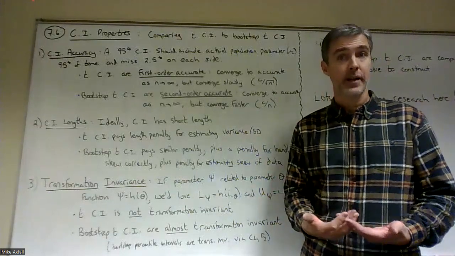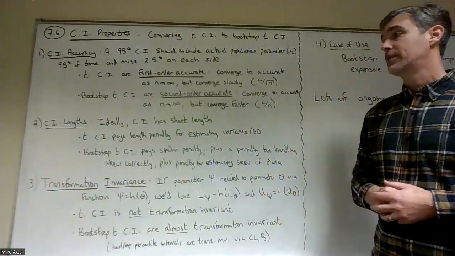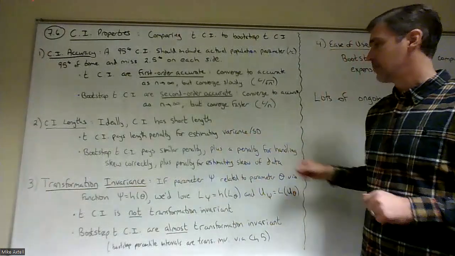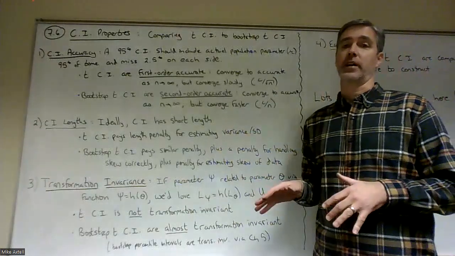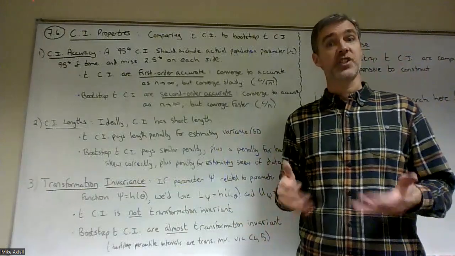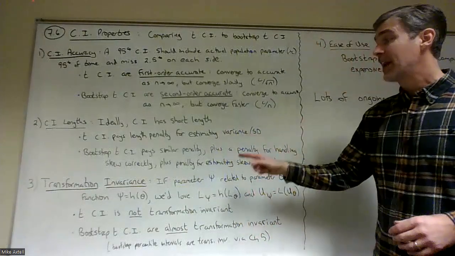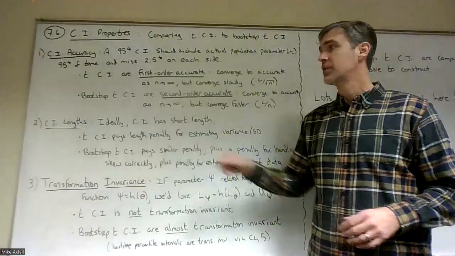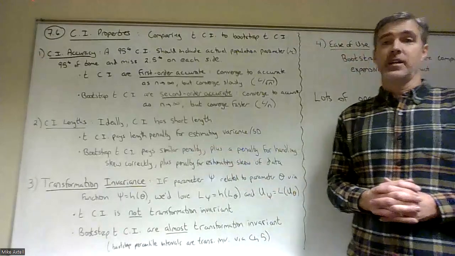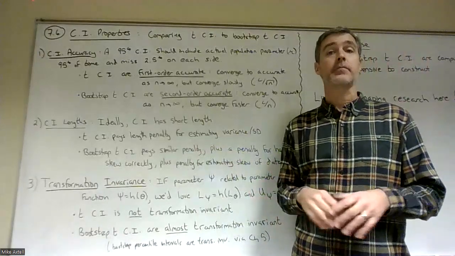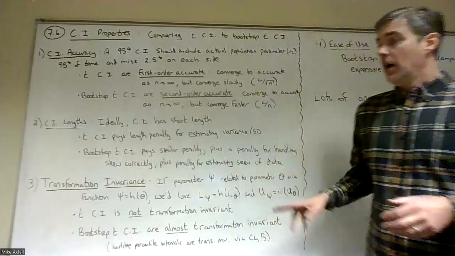And so we estimated it. Well, the bootstrap t confidence interval pays that same penalty, plus it pays a penalty for handling the skewness correctly. Because remember, we use bootstrap t when the data doesn't look symmetric, it's skewed. And we pay another penalty for estimating the actual skew of the data. So bootstrap t confidence intervals tend to be a bit wider than t confidence intervals because of skewness.